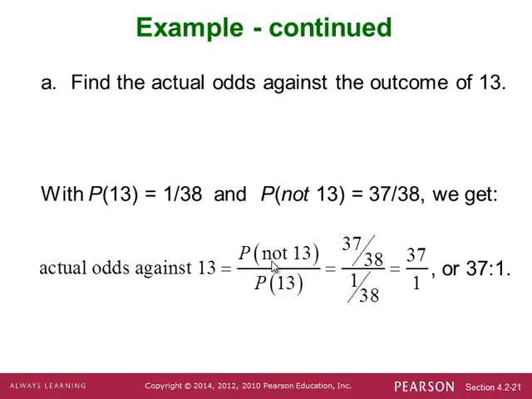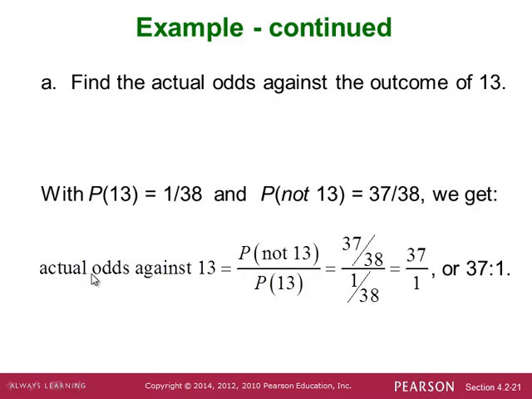Now, the probability of not winning, meaning the probability that the roulette wheel does not land on 13, is going to be 37 out of the 38 possible numbers it lands on. So there's a 37/38 probability that this person will not win. And there's a 1/38 probability of winning.